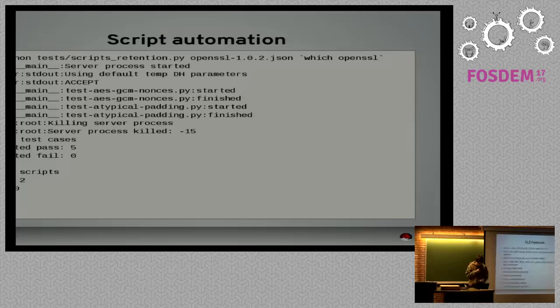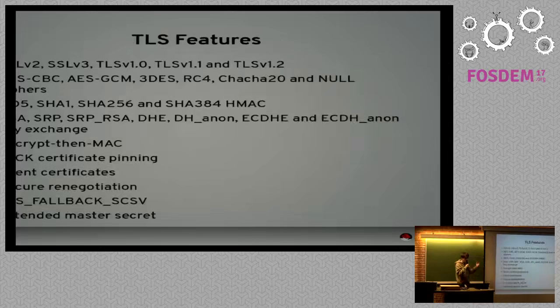Now, for the features, we support SSL version 2 up to TLS 1.2. Most of the ciphers, so AES, CBC, GCM, ChaCha20, are all supported. Basically all of the HMACs are supported. Key exchange, both with RSA keys, Diffie-Hellman key exchange, and elliptic curve Diffie-Hellman.